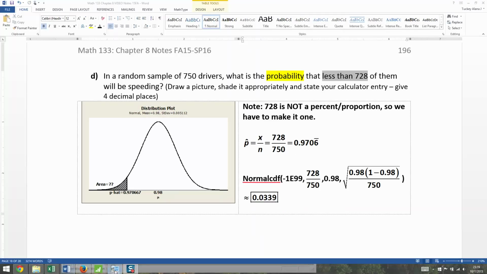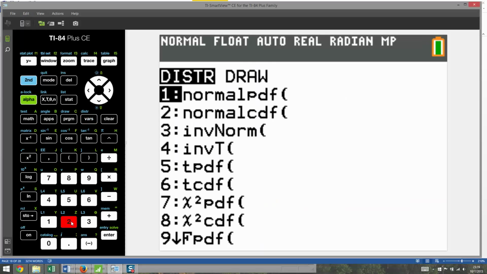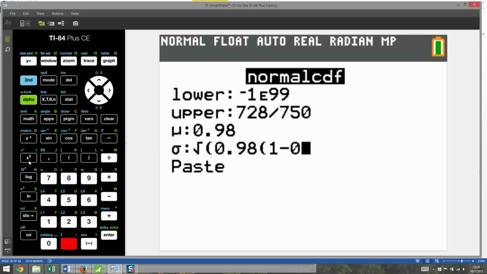So I'm going to grab my calculator again. I'm going to do normal CDF, so number 2, negative 1E99, that's great. Actually, if I do this, I'm going to lose accuracy. I'm actually going to type the fraction, 728 divided by 750. That way I won't be stuck typing 66666 at the end of that problem. 0.98 again, and then again the square root of 0.98 times (1 minus 0.98) divided by 750.